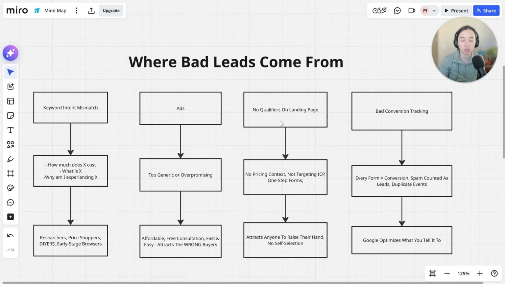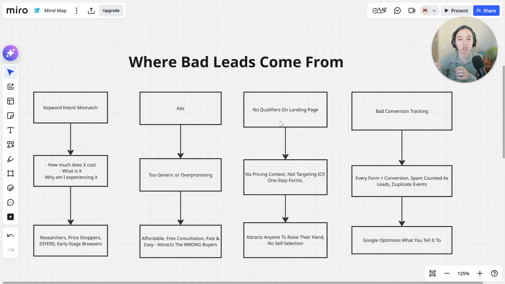So look at your funnel, look at your landing page. Are you speaking to your customer? Are you speaking to their pain point? Is it too easy for people to fill out leads? The shorter the lead form, the easier it is to fill out. But if you're getting too much junk, you definitely want to put more qualifying questions in order to make it more difficult for bad quality leads to come through so they don't waste your sales team's time.